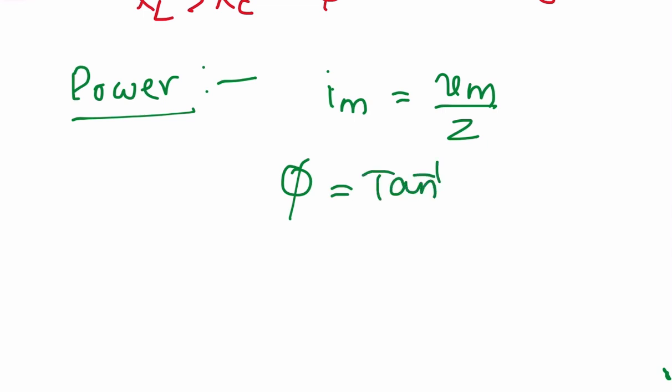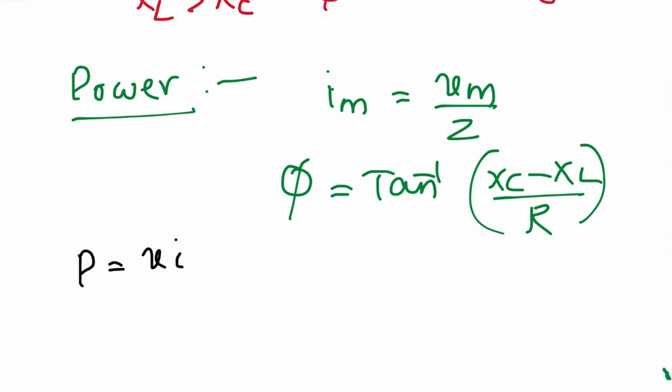So just now above we have Im is equal to Vm by Z. And we got phi is equal to tan inverse of XC minus XL divided by R. Okay, now let us go for power. P is equal to V into I, that is Vm sin omega t into Im sin omega t plus phi.